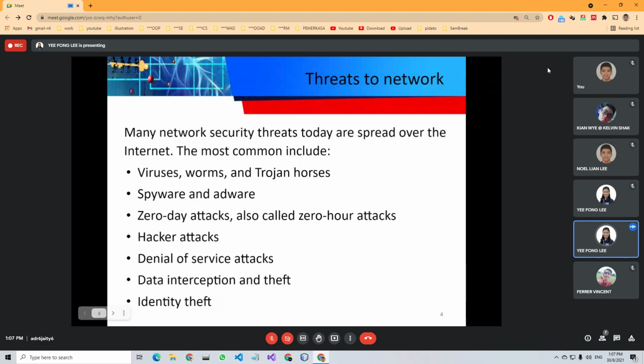A 0-day vulnerability or 0-day attack refers to a software vulnerability discovered by the attacker before the software vendor is aware of it.